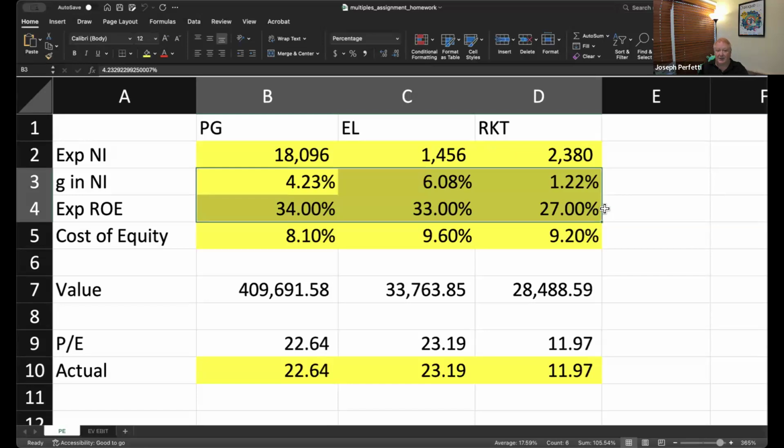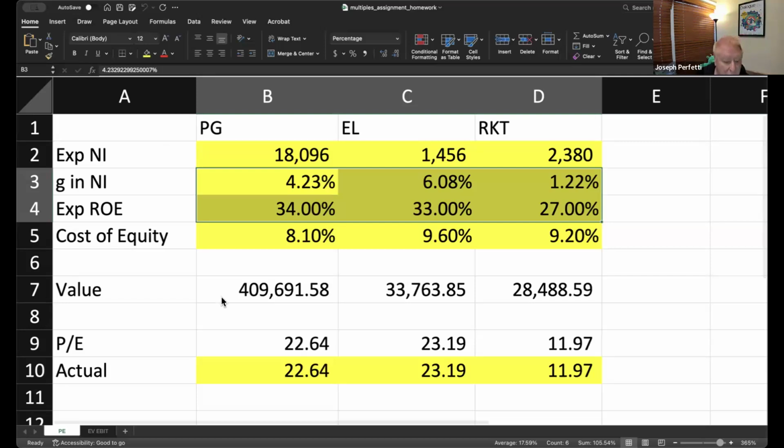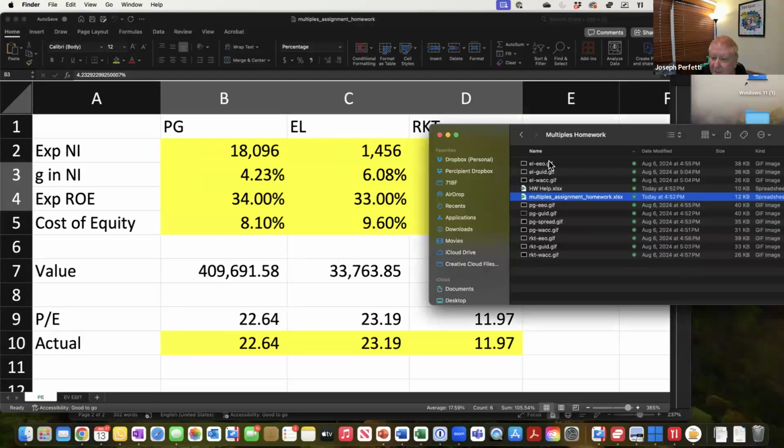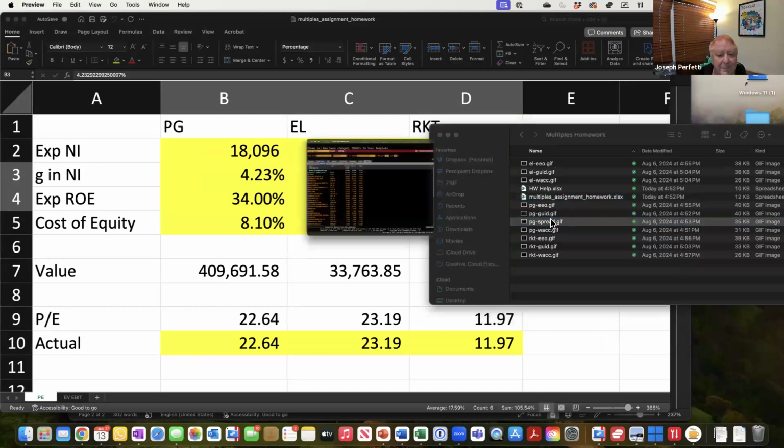All right. And Estee Lauder was a good example, right? Because if you look, and actually I'm going to share my desktop and jump back and forth. If you look at Estee Lauder, the EEO, it's in the Procter & Gamble spread here.